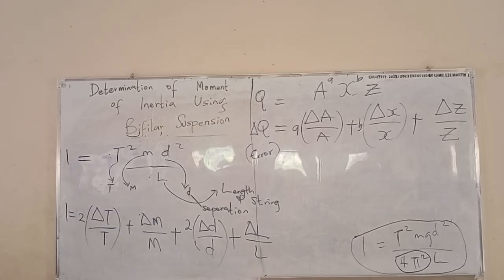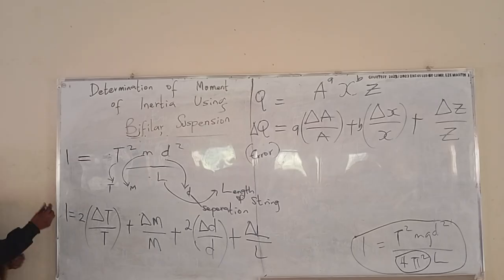The same thing with the measurement of the strength as well. The meter that I'm using to measure it has its own error. Then the inertia I'm getting has its own error as well.